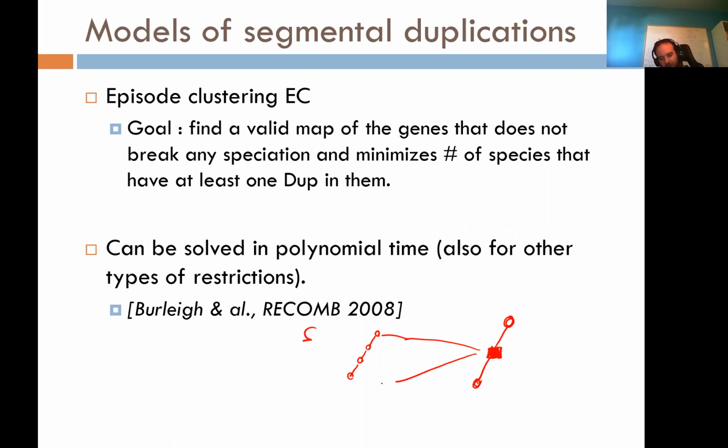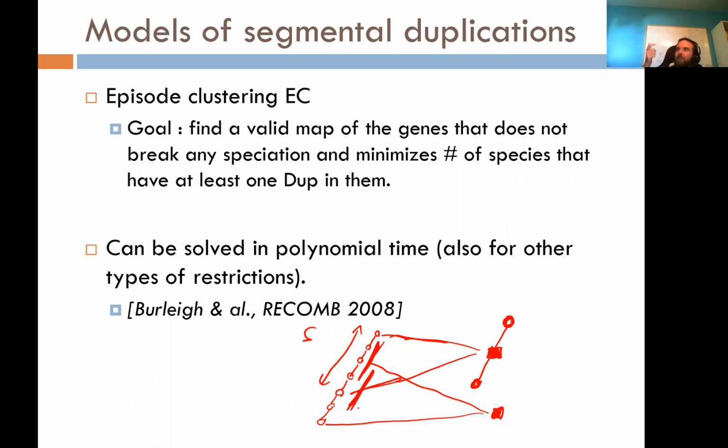The range is determined by where the speciation occurred and where this one occurred. So each duplication has a specific range that you can remap to. You could add all the ranges together of all the duplications. Let's say that this one has this range, and so on.